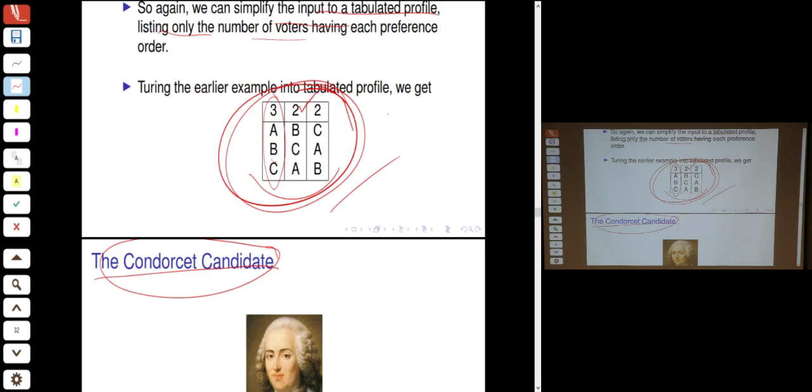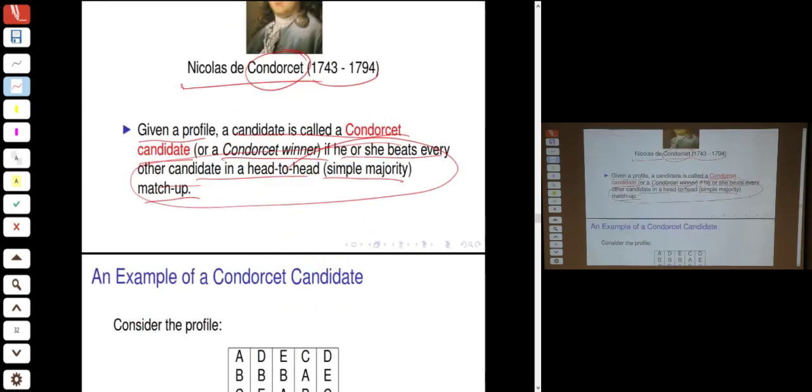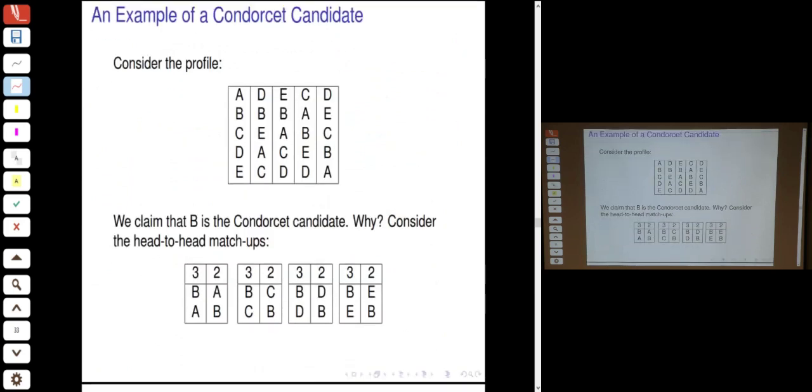If you just take A and B and forget C, then most of the voters should put A above B, disregarding where they put C. Similarly, if you consider just A and C, disregarding B, then most voters, by most in the sense of simple majority, should put A above C in the relative ordering, ignoring where they place B. This is called the Condorcet candidate.